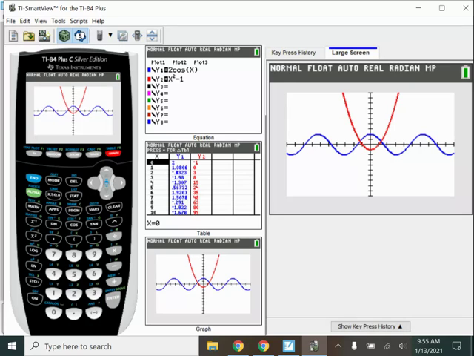So the blue line was my cosine. The cosine is always on top, and then the red quadratic is going to be on the bottom.